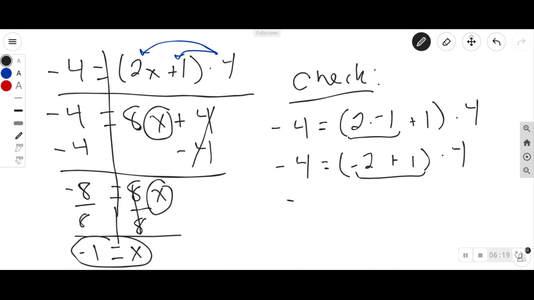Then we're going to carry down. Negative 2 plus 1 is negative 1. Don't need the parentheses anymore. Let's just make certain that that's a dot. And then negative 4 equals negative 1 times 4 is negative 4. They both work, so they check. So negative 1 is our answer and our solution, so it works.